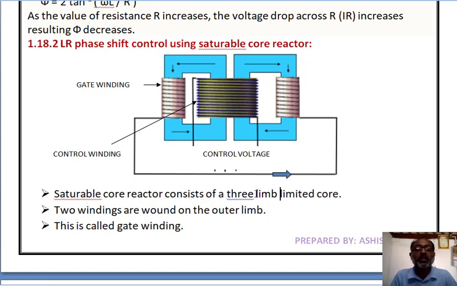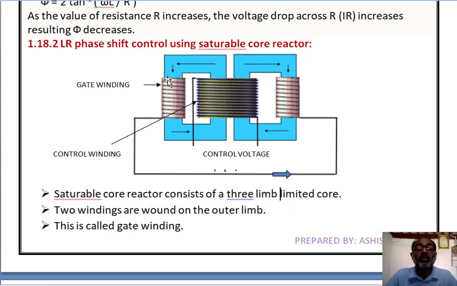As shown in this figure, two windings are wound on the outer limbs. This is the outer limb, and these are called gate windings.